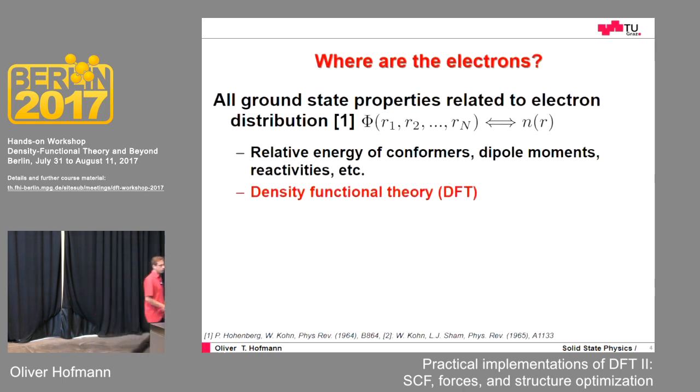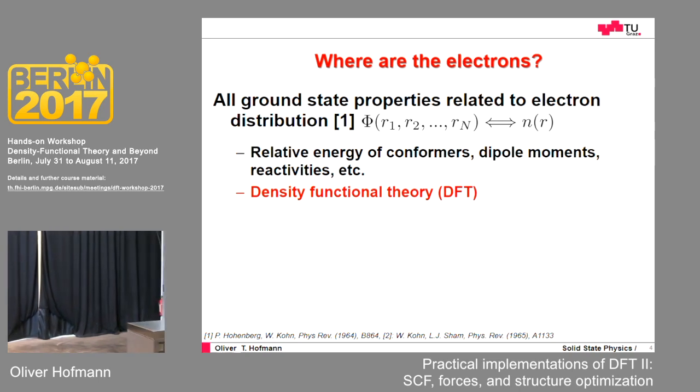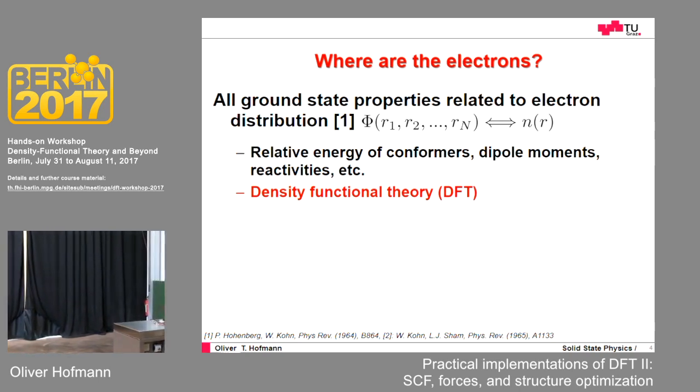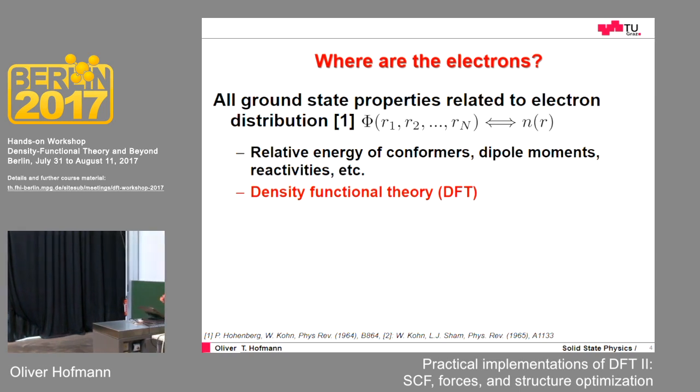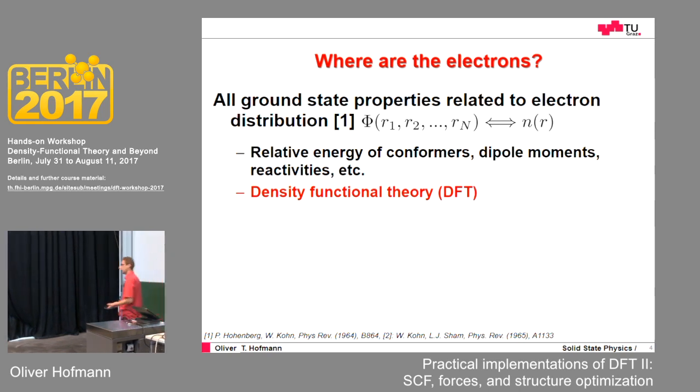Good. The first question is, where are actually our electrons? We know that in density functional theory, all ground state properties are related to the electron distribution. So the electron density is a unique and good representation for our systems. And from this electron density, we can calculate basically any observable, such as the relative energies of conformers, dipole moments, reactivities, and so on.